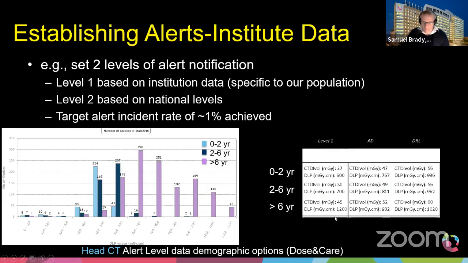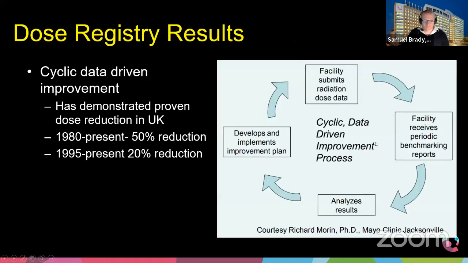For the majority of the time, on average, I don't have any problems, but there's always that occasional study where something went wrong, the patient had to be repeated, or the patient was just a very big patient, in which case it will usually exceed my alert 1, or the achievable dose, which is set for the national levels. And once we have that information and your software is able to give you that feedback, that is what drives cyclical data-driven improvement.